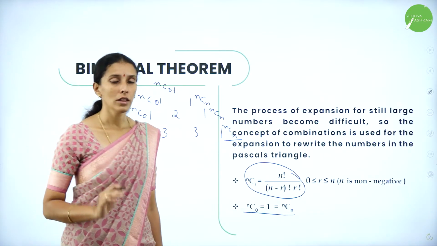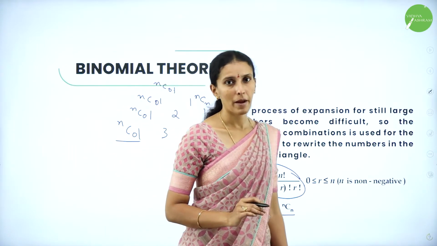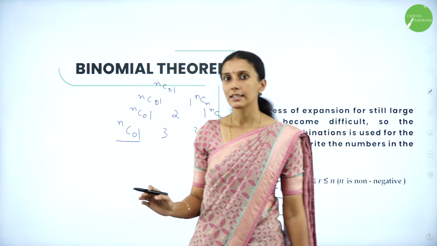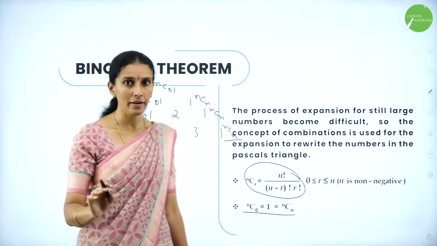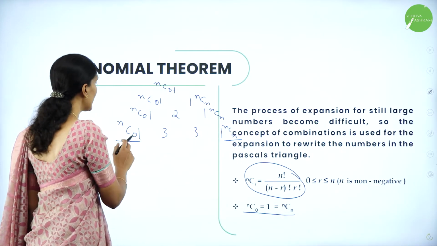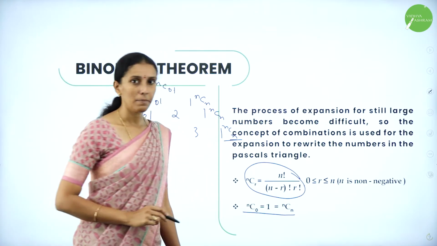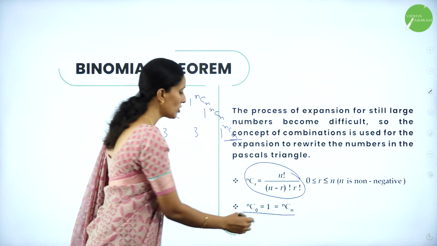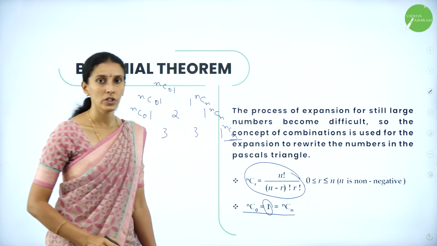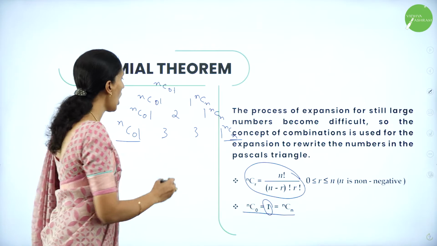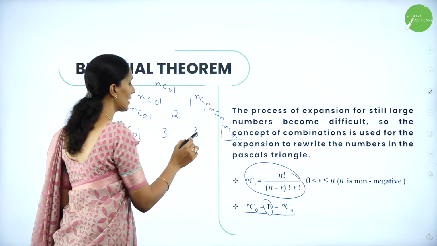So remember, in the binomial expansion, the first and last terms have the coefficient 1, where the first term is replaced by nC0 and the last term by nCn, which is nothing but 1. So how will we get these 2, 3, 3 like this?